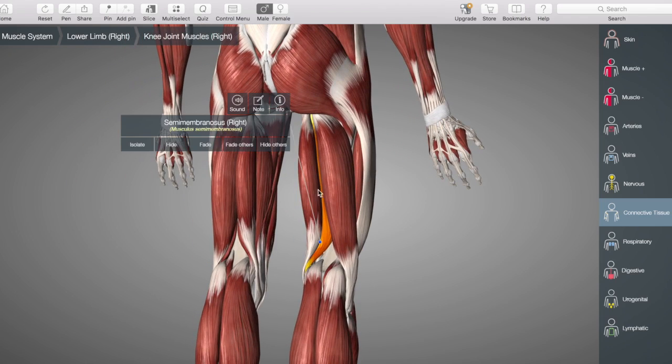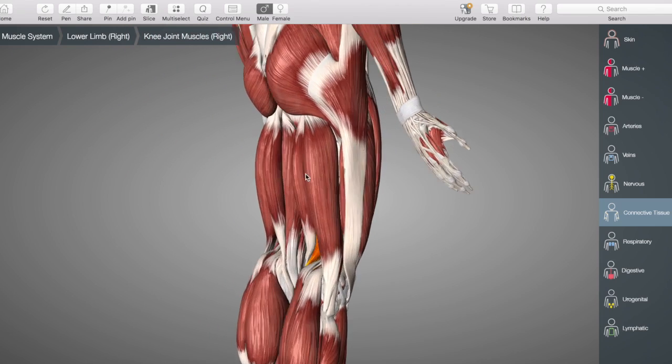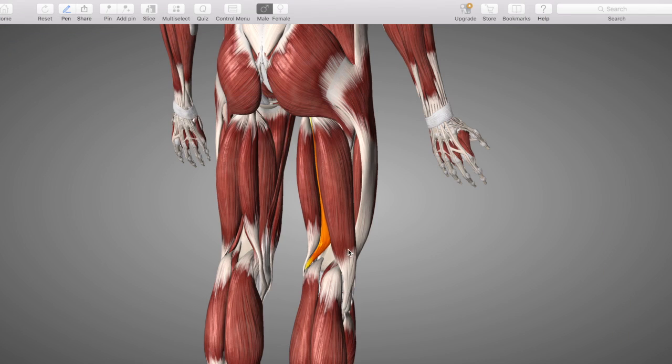And a lot of times you can see these muscles get strained, aka pulled. A lot of times you'll see it right here along the musculotendinous junction. Typically the muscle has a lot of strength in its muscle belly right there, but here where the muscle becomes a tendon, it gets a little bit weaker.